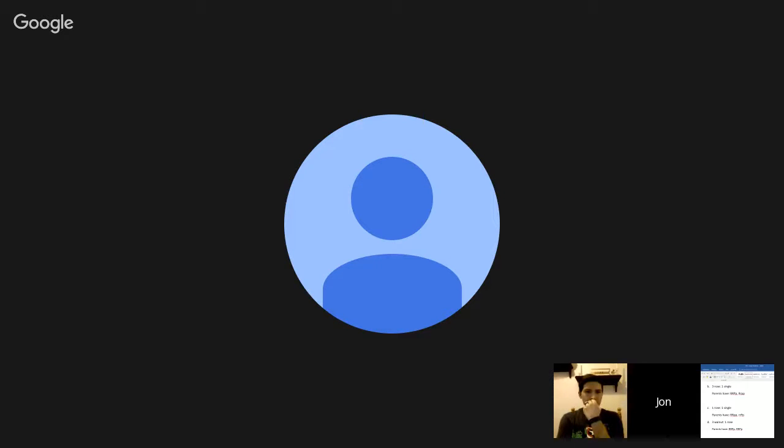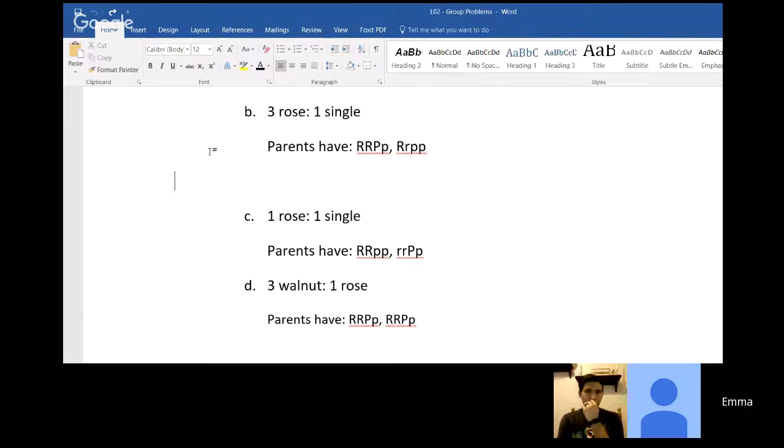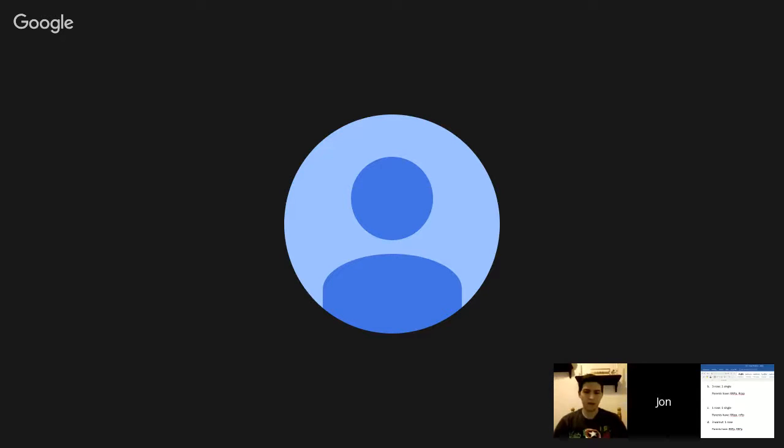So in order to have a single, you have to make sure that there's a possibility to have all recessive alleles. So it's heterozygous for R in both parents and then homozygous for P in both parents, I think, is what's going to give you that ratio.